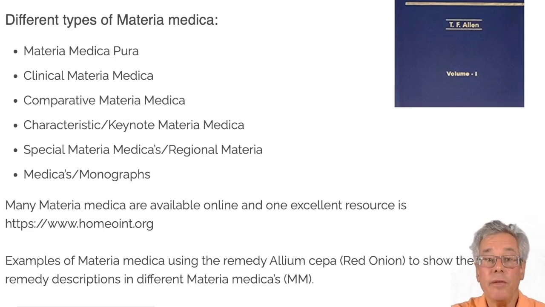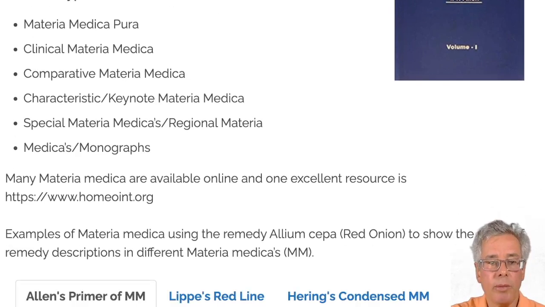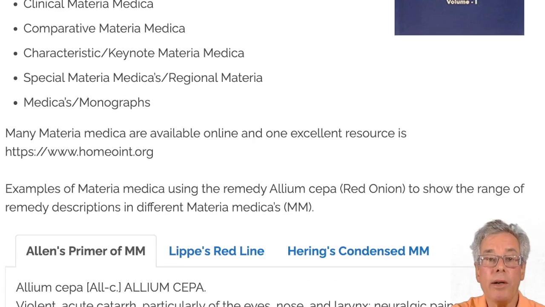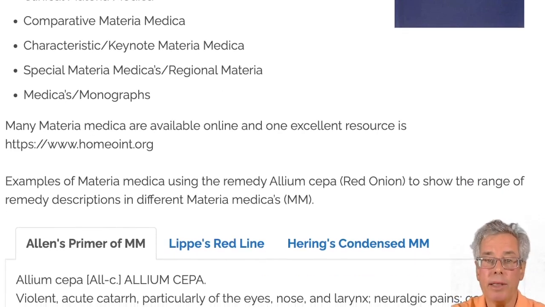So there are different types of materia medica, just as there are different types of repertories as well. But we have what's called a materia medica pura, which is of proving data, clinical materia medica, which is the clinical use of medicines, then comparative materia medica, which compares different medicines that seem similar. Then we have characteristic and keynote materia medica, which means the most commonly indicated symptoms of medicines.